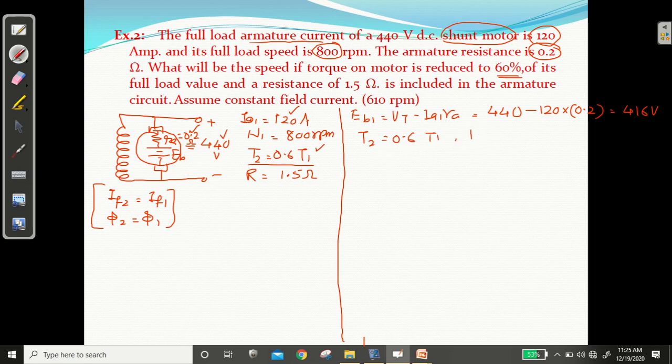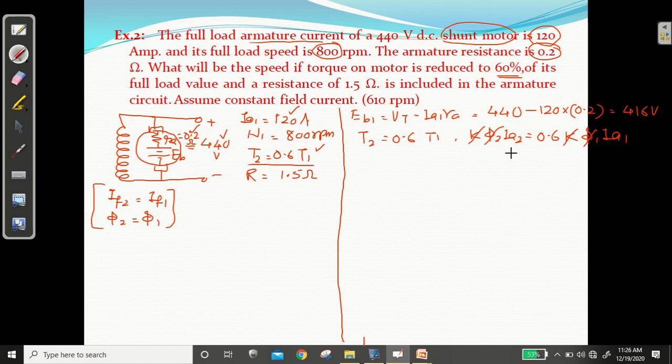0.6 T1. T2 means K phi2 IA2 equal to 0.6 K phi1 into IA1. K will be cancelled because it is the same. Phi2 and phi1 will be the same because it is a shunt motor and the same field current is given, so the same flux will be there.